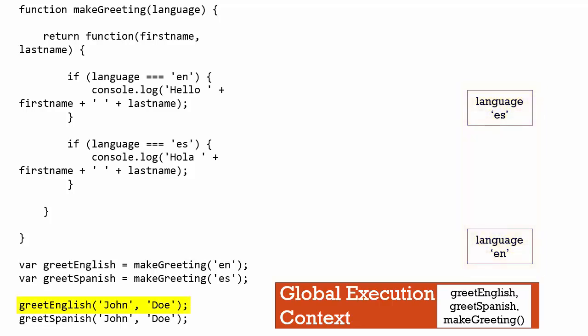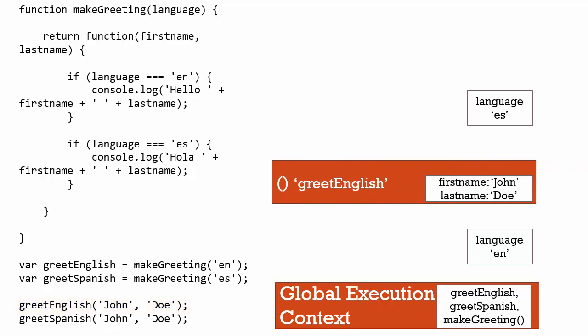So now I have two spots in memory that are hanging out with those two separate execution contexts once contained. Then when I get to the greet English, where I'm actually calling the function that was returned, that creates a new execution context with first name John and last name Doe. But the outer environment reference, well, we know it needs to point to one of the execution contexts created by make greeting, because that's where it sits lexically.